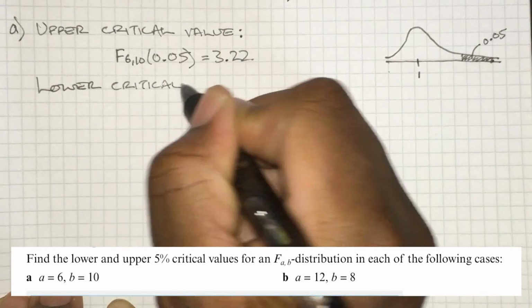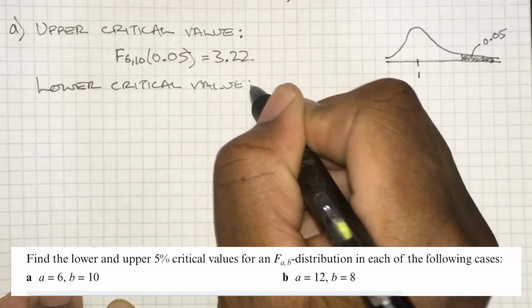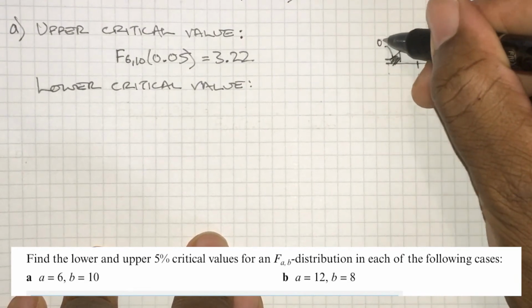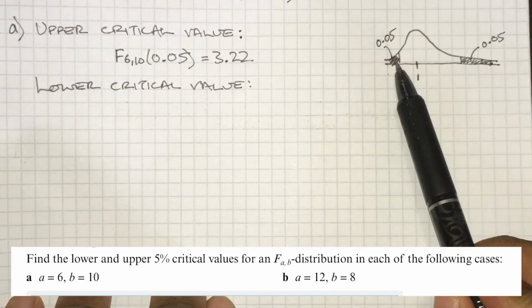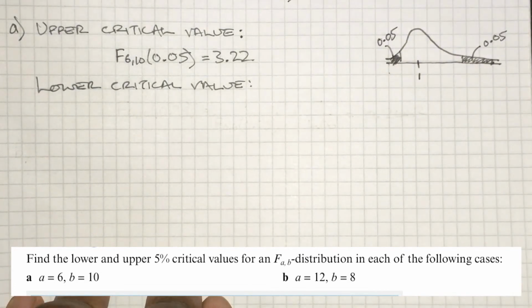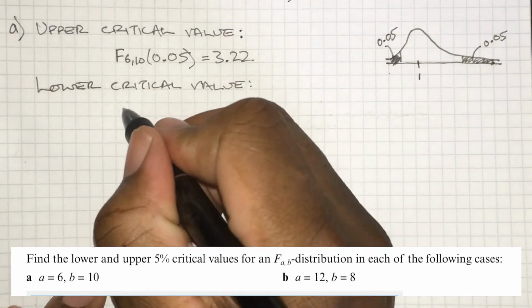Okay, what about down here at the bottom? Well, I want a value that is exceeded by 95%. There's 5% below, 95% above. We've seen how to do this now. We need to use that reciprocal expression, that reciprocal equivalent statement.